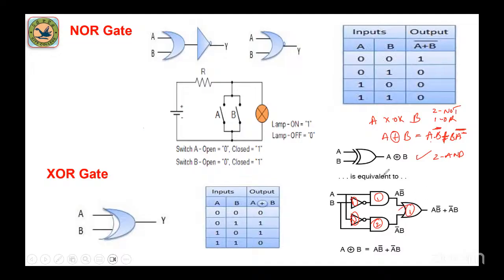In total, the XOR gate itself has 5 gates. This is A and here is B, B bar, A B bar, and that is B bar, so B A bar.